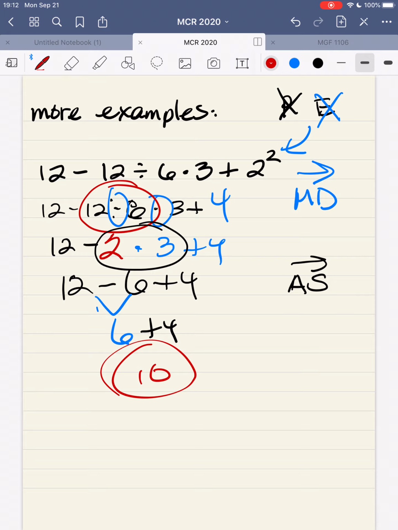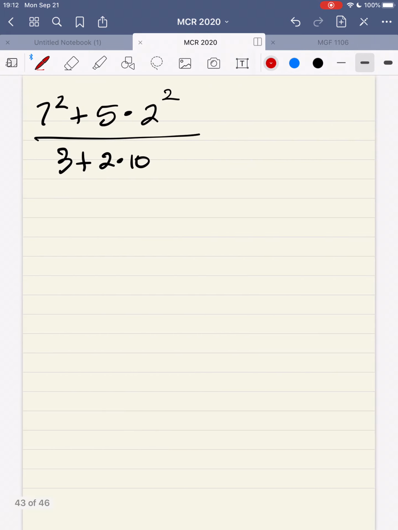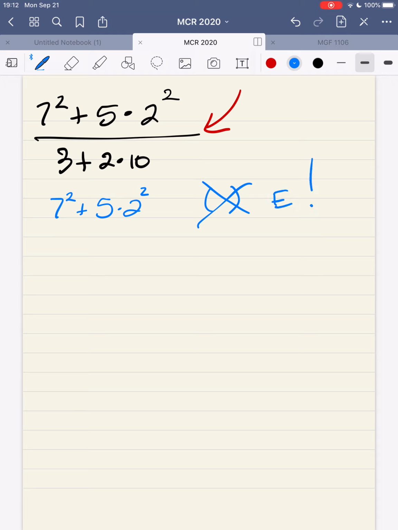Okay, let's look at the next example here. Now remember, this one is where we have the division bar as our grouping symbol. This allows us to work the top separate from the bottom piece. So I'm going to start off with the numerator, and I'm going to look at 7 squared plus 5 times 2 squared. Now this top portion, is there a set of parentheses or grouping symbols? No. Do I have exponents? Absolutely. I have to take care of those.